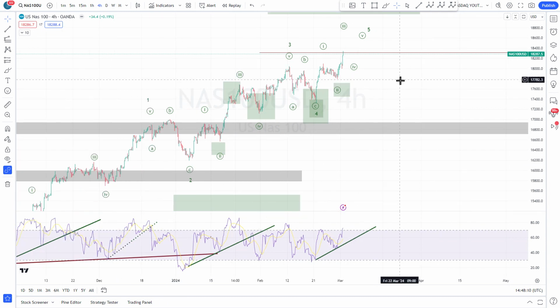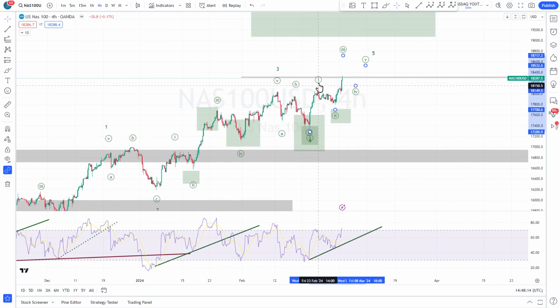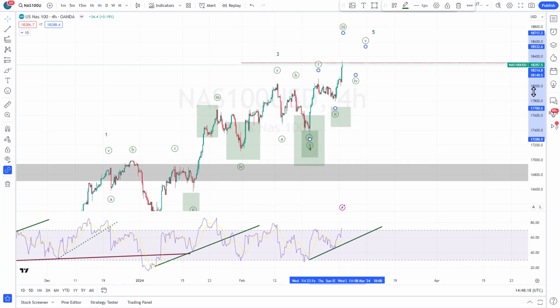And now it also looks like this is happening. I would say this here is our wave 1, and then here I gave you the wave 2 area, but like always, it is possible to have shallow wave 2 retracements, and this is again what happened right here.